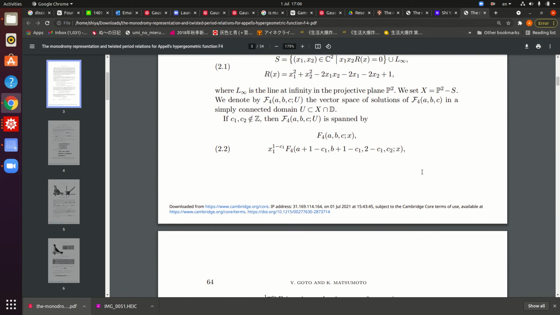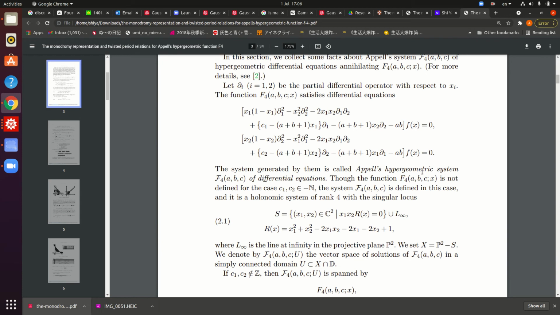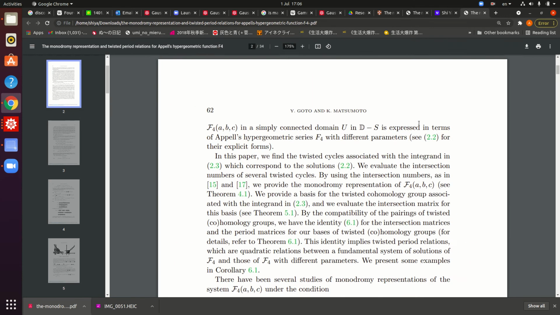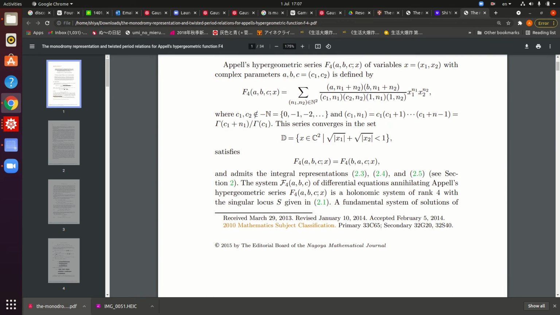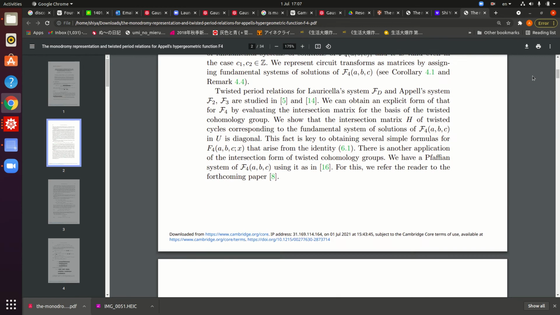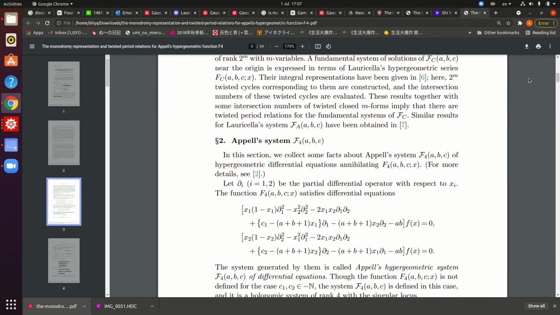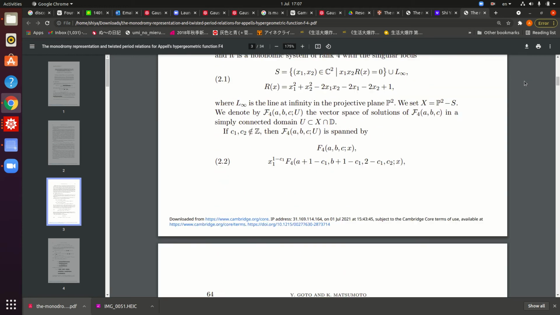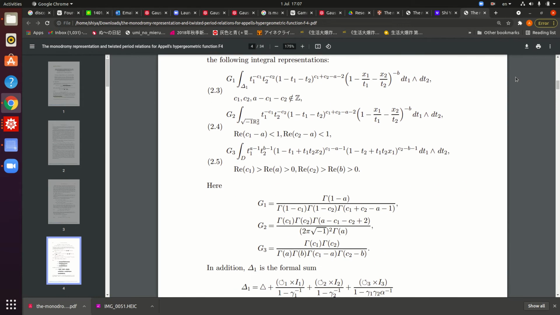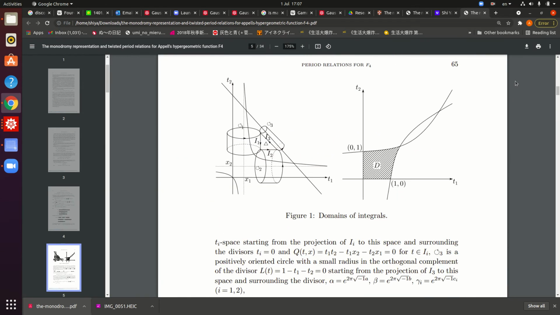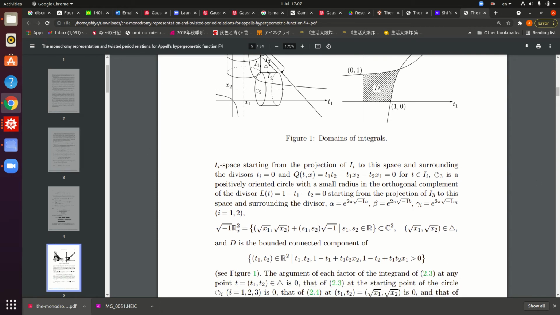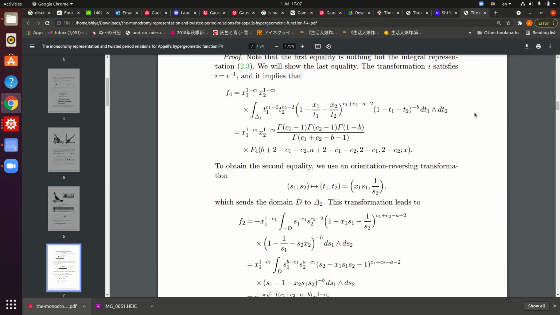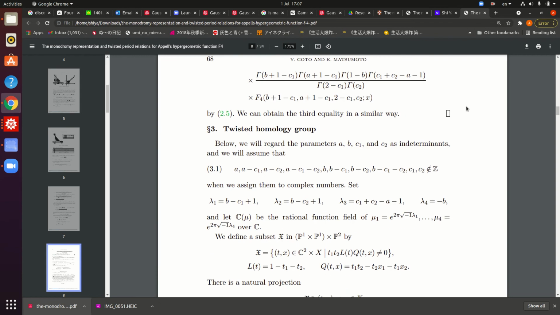I just want to find the definition of L. Somewhere it should appear. I don't find the L, but I will be able to find it soon. It's a bit annoying. Is it not in the paper? It's definitely in the paper. So page 68, you see the definition of L and Q.